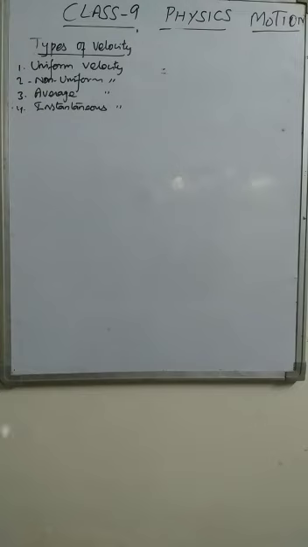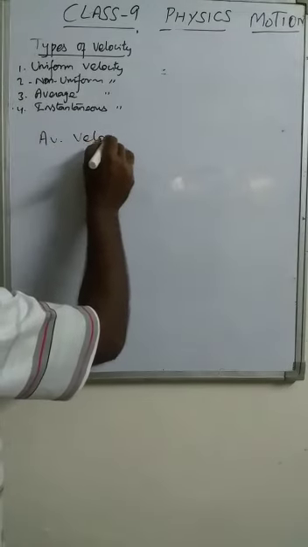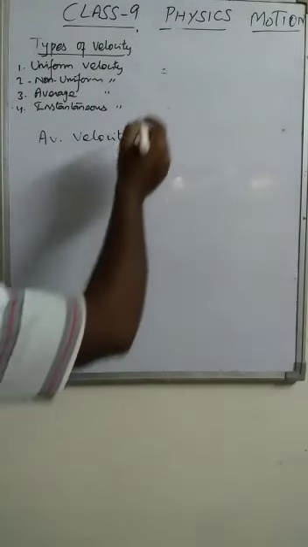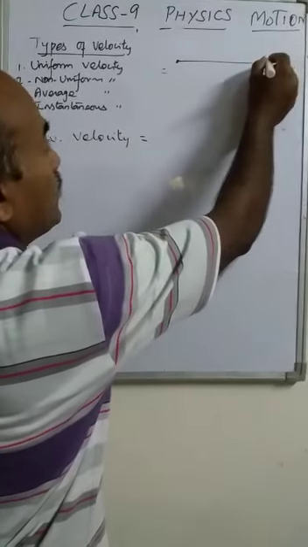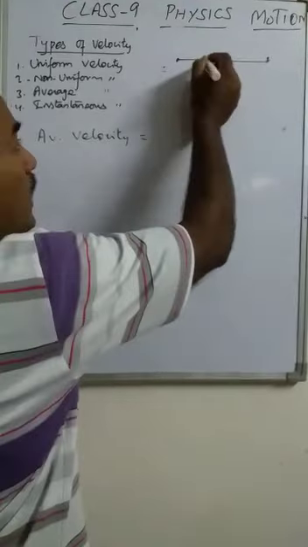Then coming to average velocity, here there is a little difference. If the object is traveling from one point to another point, what is the displacement covered? Here we take the example, it is traveling along a straight line.